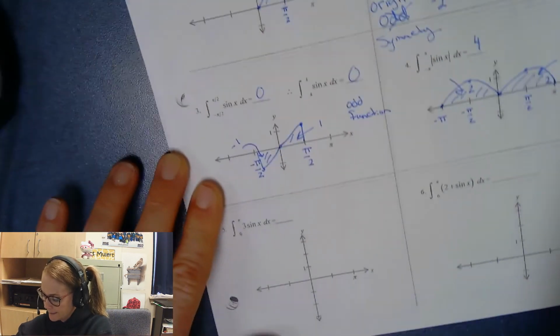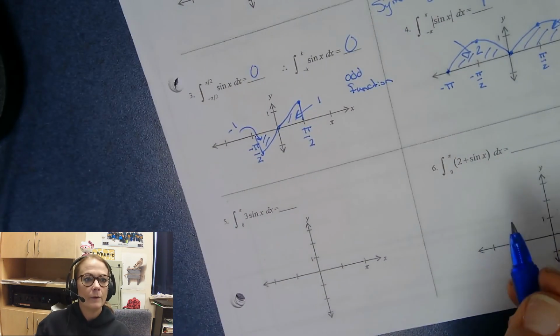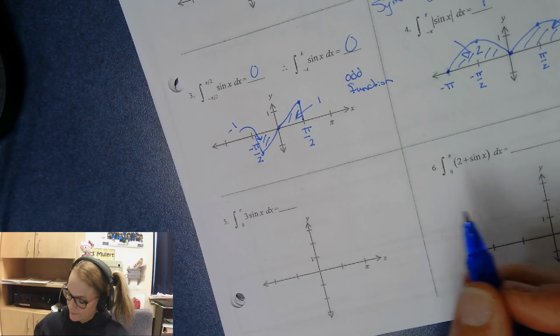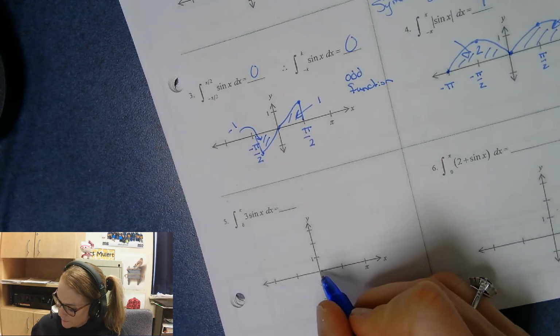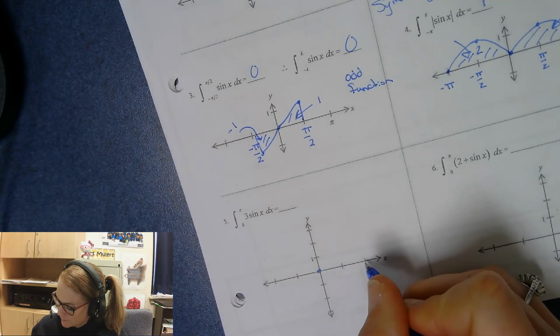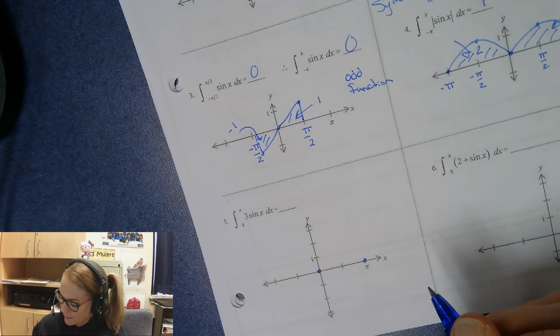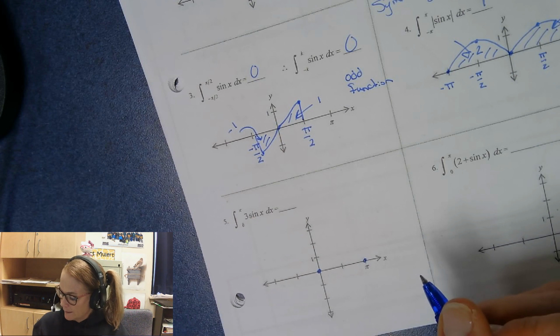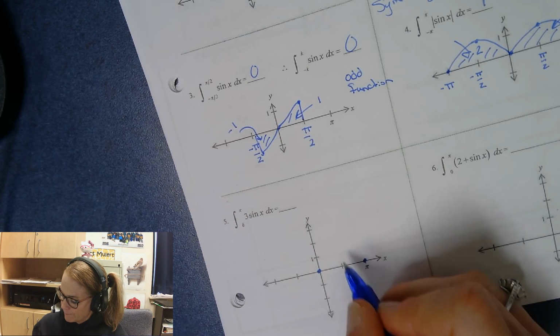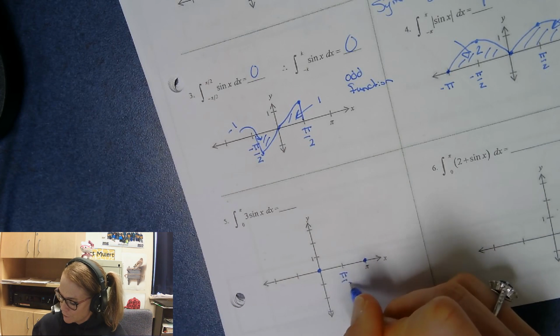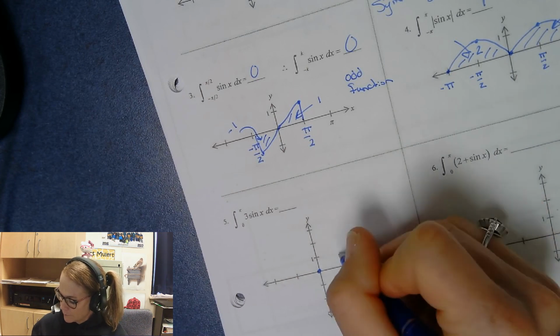All right, last couple ones. What happens if we multiply this by 3? 0 multiplied by 3 on the vertical would still be 0, 0. Pi, 0 multiplied by 3 would still be pi, 0, because you multiply 0 by 3 and you still get 0. And then pi over 2, 1 times 3 would go up to 3.